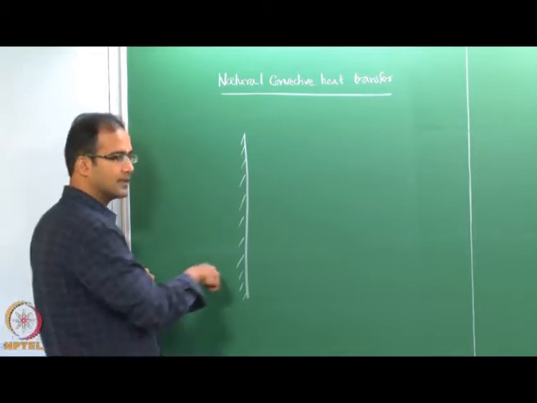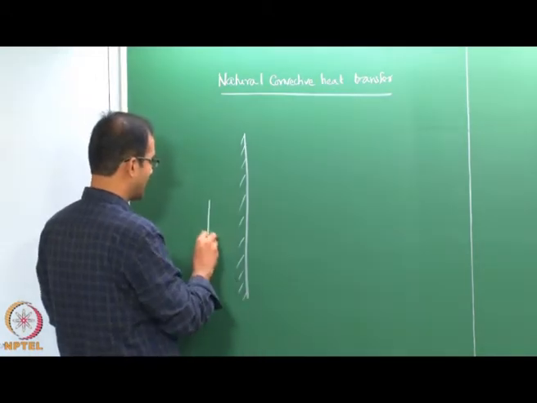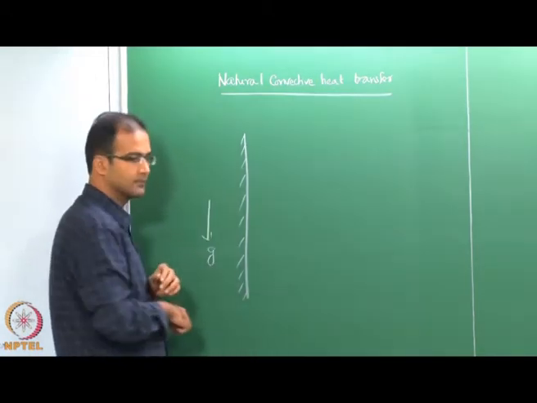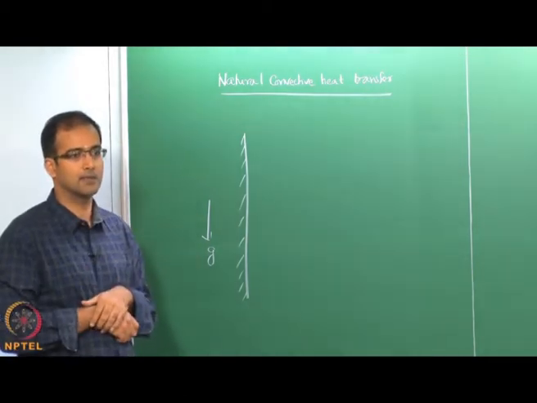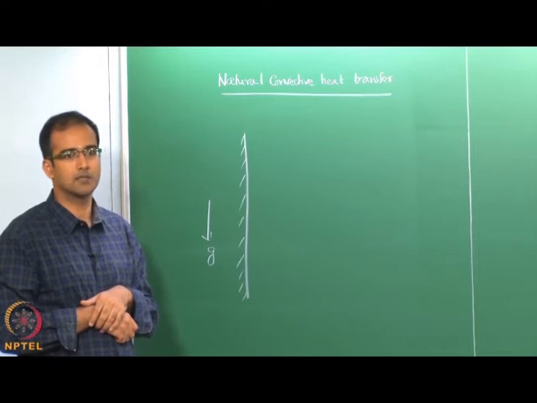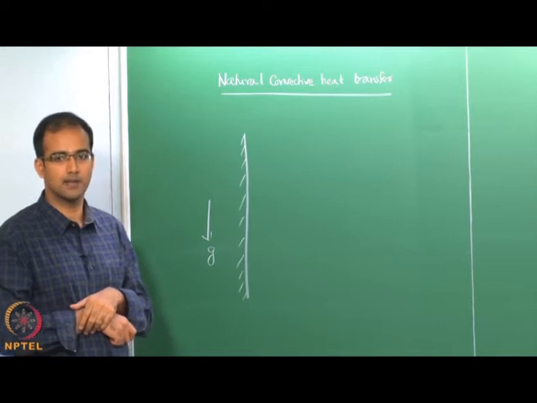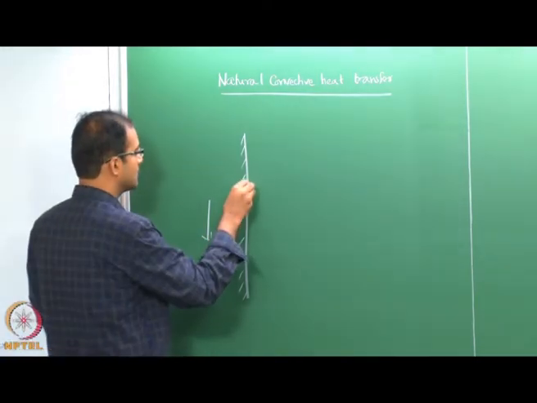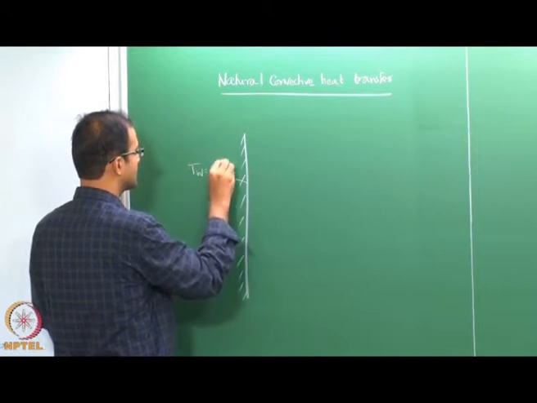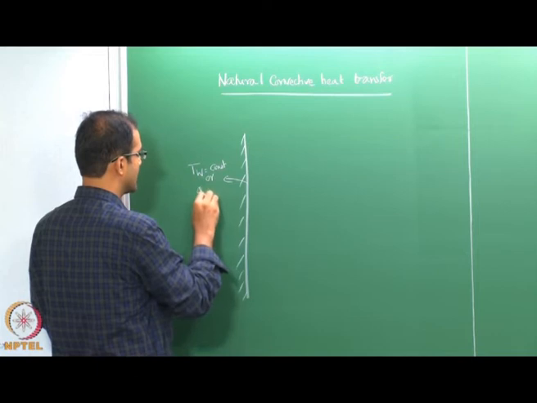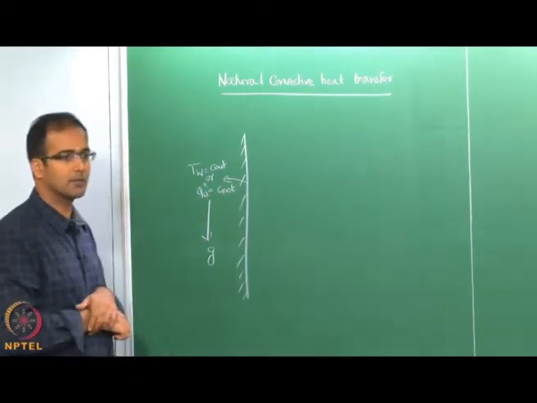So, let us look at a flat plate which is oriented vertically, and we have gravity acting downwards. Initially the ambient air is quiescent, that means there is no forced convection of anything. You just place the flat plate in a quiescent atmosphere, and then you heat this plate. You can either maintain a constant wall temperature or constant heat flux boundary condition, and you can heat this vertical plate.